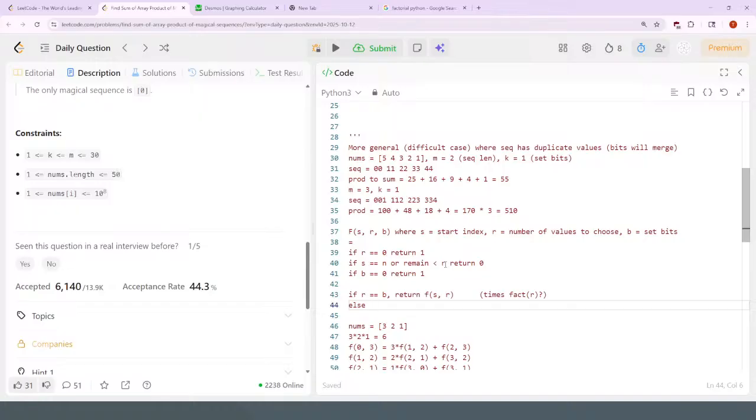I guess. So something like array at the current index times array at the current index times f s plus 1. You've done 2 things, added 2 things to the sequence, and you move 1 bit. Kinda like that.